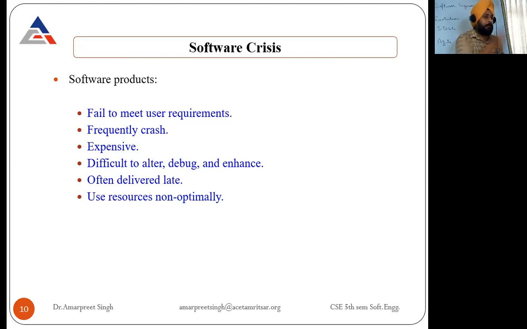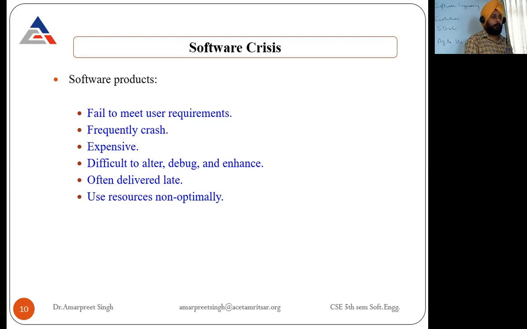If your software fails to meet the user requirements, it leads to a situation of software crisis. Your software frequently crashes. If your software is expensive, then there will be no buyer, so it will also result in a crisis.